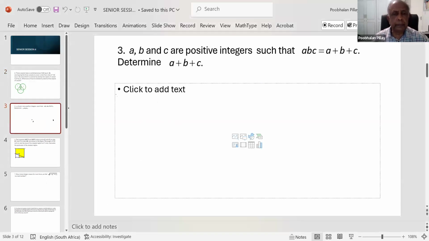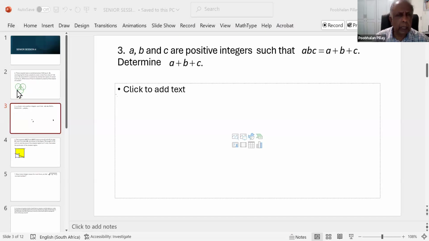Yeah, so what we have here is, you see, the way this equation is structured, it doesn't really matter if you mix these A, B, and C around. By that I mean, if you replace A by B and C by A and B by something, you'll get exactly the same equation. That requires a little bit of insight, but you can see that you can what you call permute.